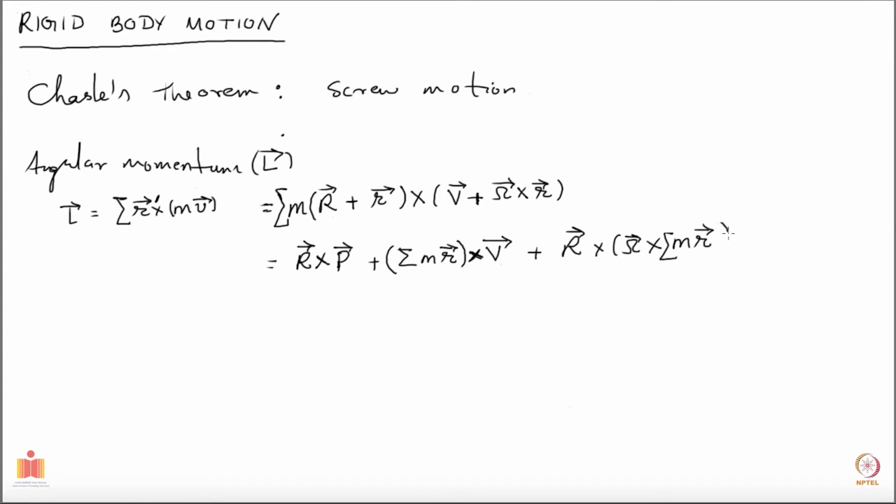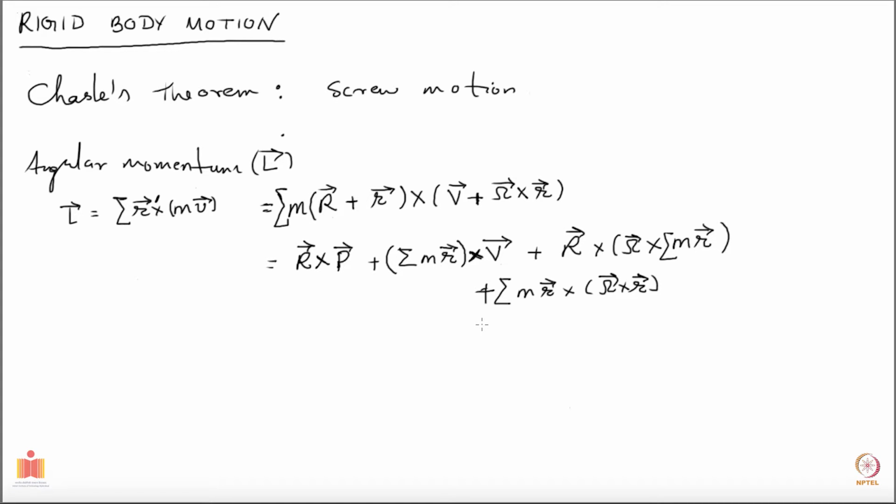So I pull out the summation symbol there, plus one more term, the most important one, and that is m small r cross omega cross r, and we have to sum over all body points.